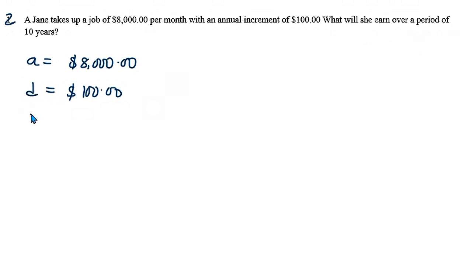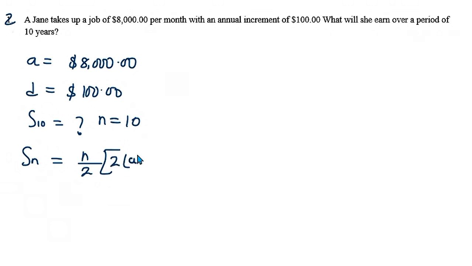So we know that U10 we don't know, and the number n is equal to 10. This should be the sum of the amount earned in 10 years. So we know that the sum of an arithmetic progression is given by the formula Sn equals n divided by 2 times 2 times the first term plus n minus 1 times the common difference.